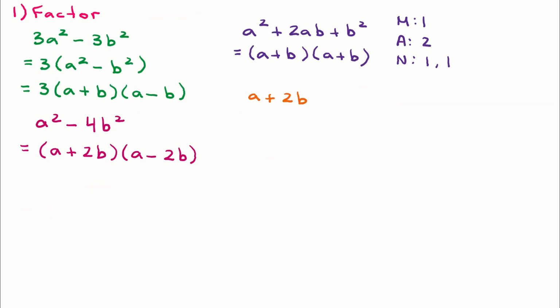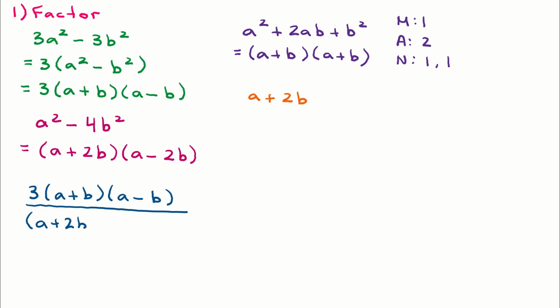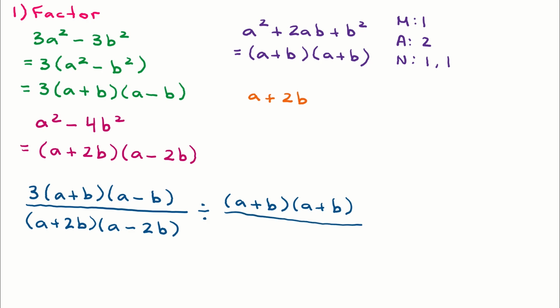So replacing our expressions with the factored form, we end up with a fraction that is 3 times a plus b, a minus b, over a plus 2b, a minus 2b, divided by a plus b, a plus b, over a plus 2b.